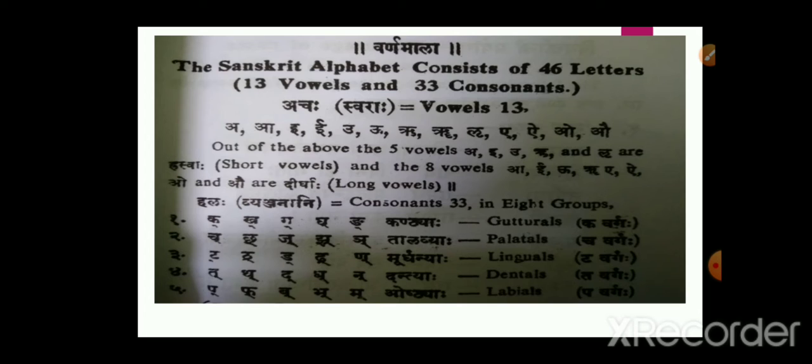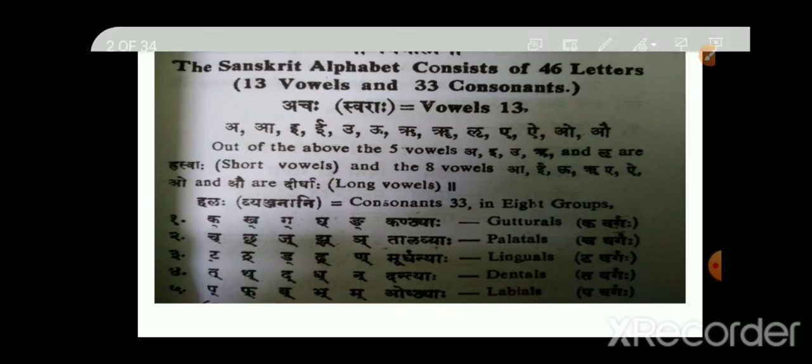The second group is chavargaha, which are palatals, that means talavyaha. The third group is tavargaha, which are linguals, that is murdhanyaha. The fourth group is dentals, called dantyaha, and the fifth group is pavargaha, which are labials or ostyaha.